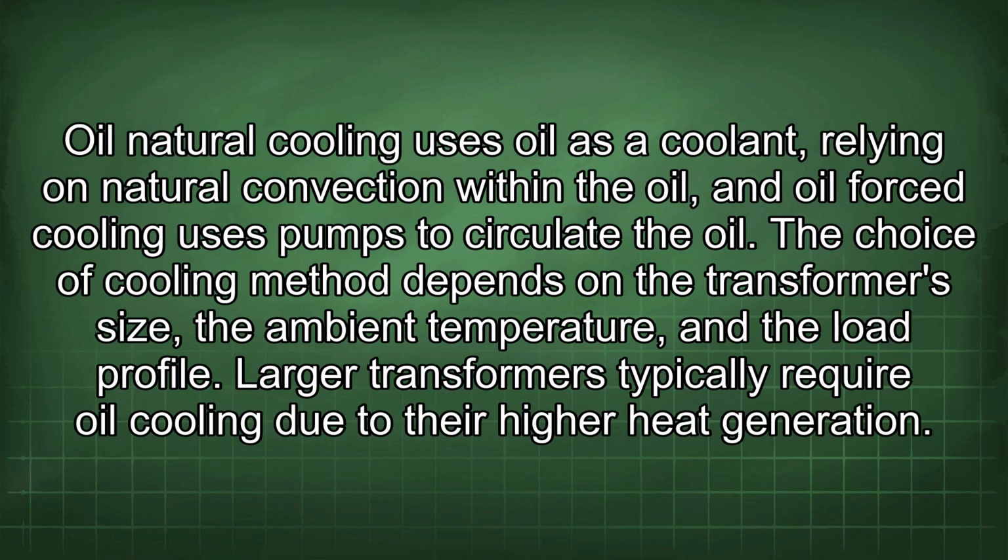Oil natural cooling uses oil as a coolant, relying on natural convection within the oil, and oil forced cooling uses pumps to circulate the oil. The choice of cooling method depends on the transformer's size, the ambient temperature, and the load profile. Larger transformers typically require oil cooling due to their higher heat generation.